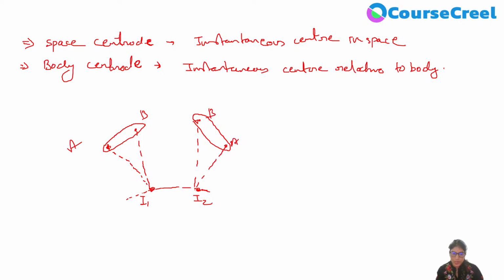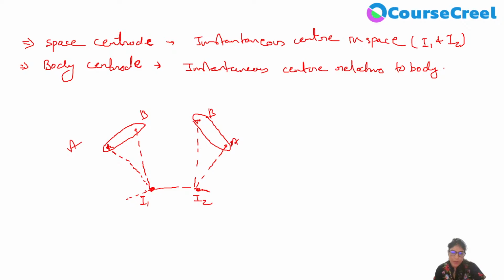Okay, so ये जो इंस्टेंटेनियस सेंटर है जिसके अबाउट हमारी बॉडी मूव कर रही है इन स्पेस, so this I1 and I2 will be considered as, sorry, space centroid. Okay, centroid means center about which that body is moving. Okay, and body centroid means if that object is moving with respect to the body or relative to body.